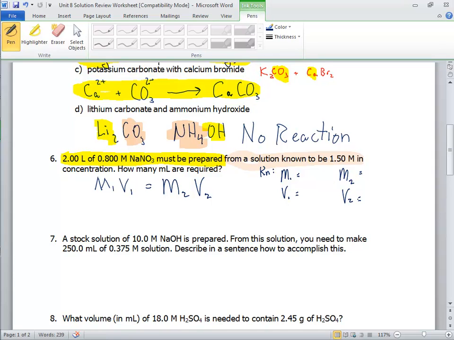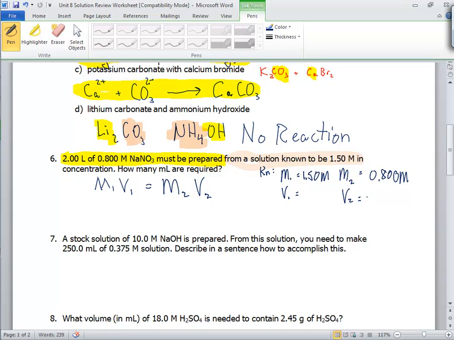Now, M1, if we're actually diluting something, has to be the more concentrated. So that's going to be the 1.50 molar. And M2 is going to be less concentrated. That's the 0.0800 molar.